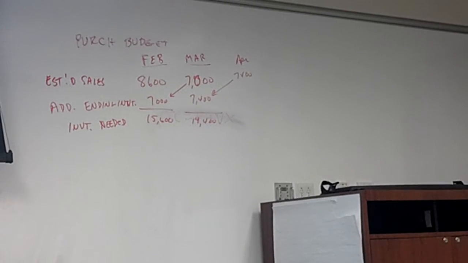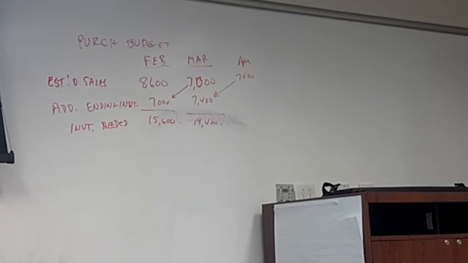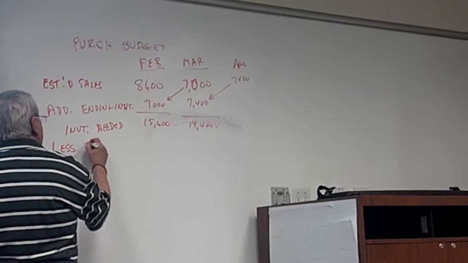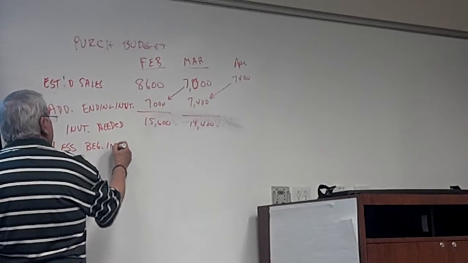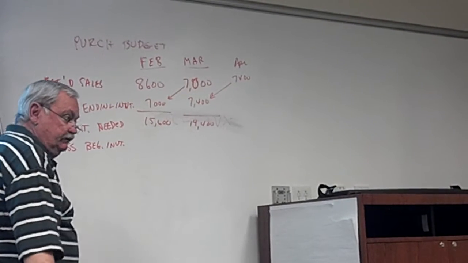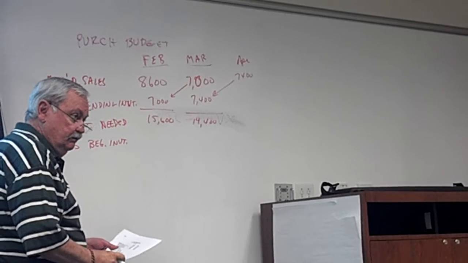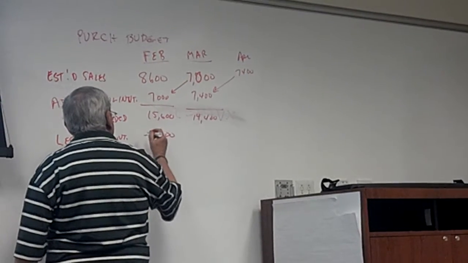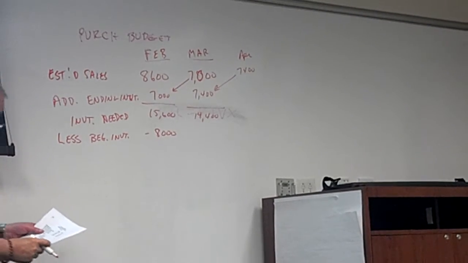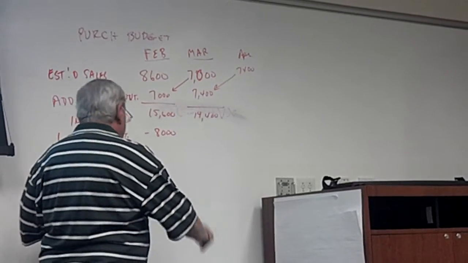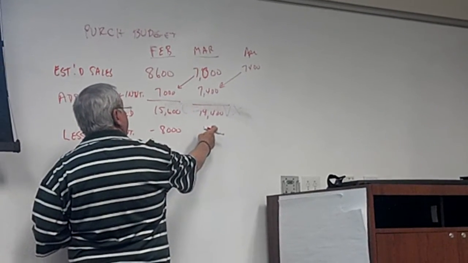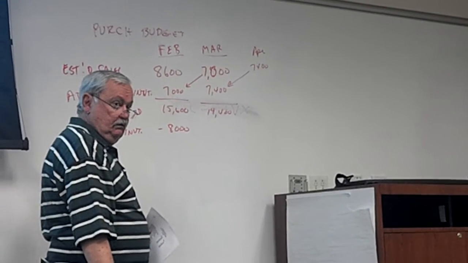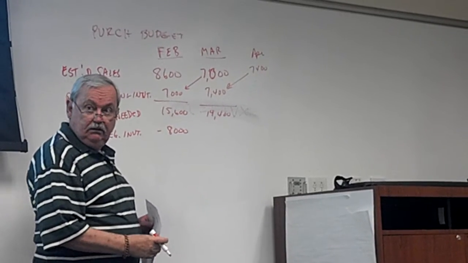How much inventory do we have? 8,000? Yes. Where'd you get 8,000? From Burton Road. Okay? And how much do we have beginning in March? 15,600.